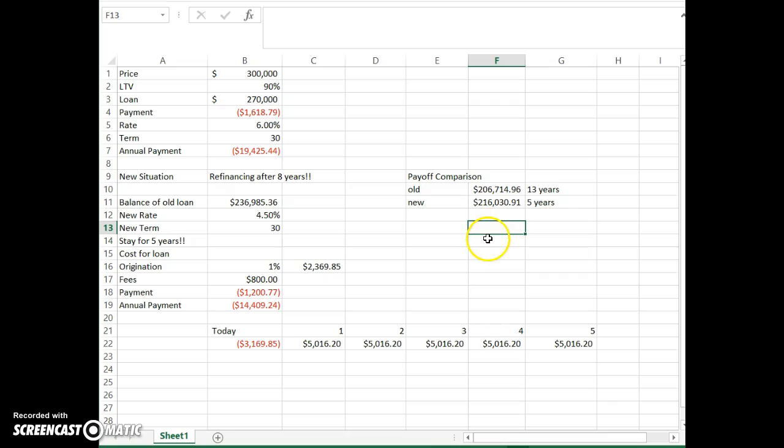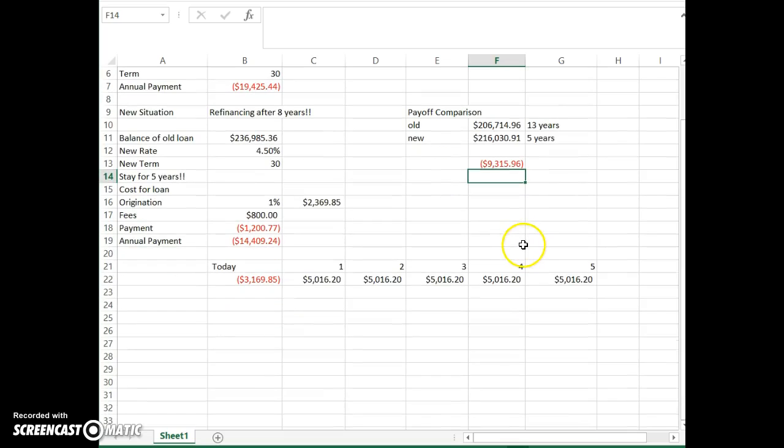So now we're going to get the difference from the new to the old. It'll equal this minus the old, equal $9,315.96. But we are going from old to new. So we're going to take that, subtract that from the new, and hit equal. That's still just about the same thing, but made it a negative.